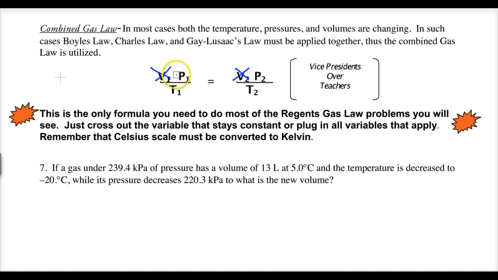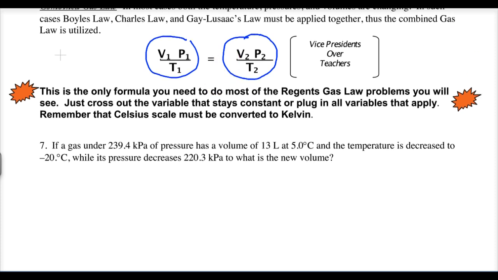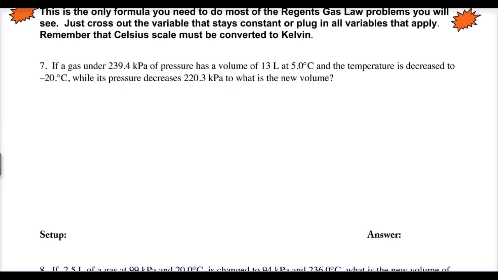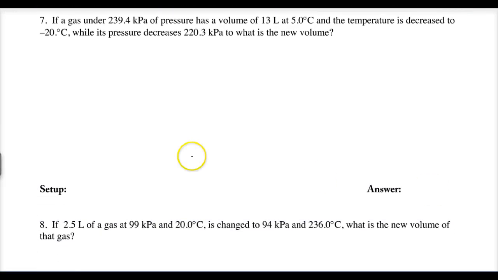Now we're dealing with gas law problems where we're not going to cross out any variable. We're going to use all of them to solve the problem. So the math is very similar. There's just more of it because there's an extra variable. So let's go right to the problem, and let's go to number 7 here of your worksheet. Let me model this for you.